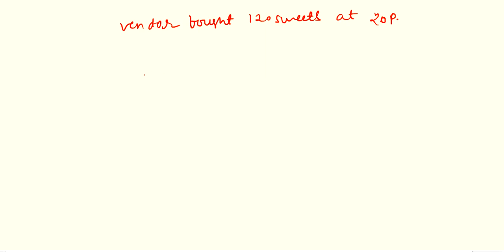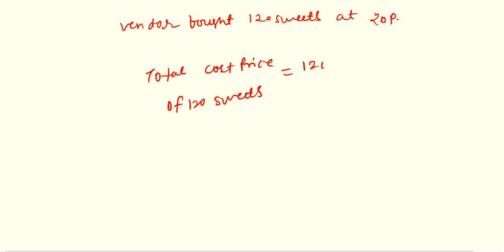So the total cost price of 120 sweets equals 120 into 20 paise. This is given in paise, so we have to convert it to rupee. For that we will divide by 100. The zeros get cancelled, so 12 into 2 is rupee 24. So the total cost price of 120 sweets is rupee 24.